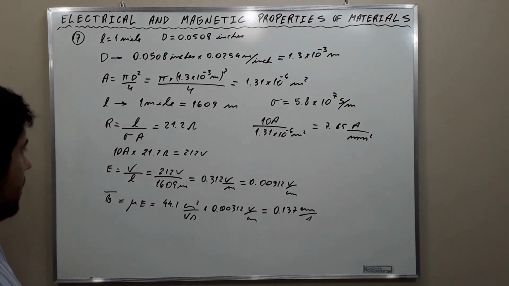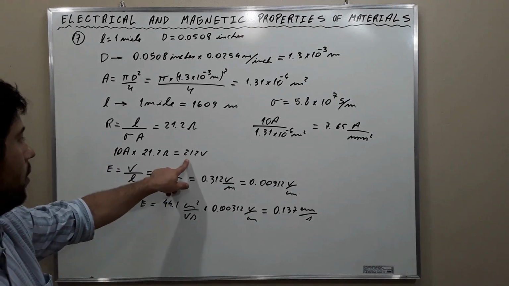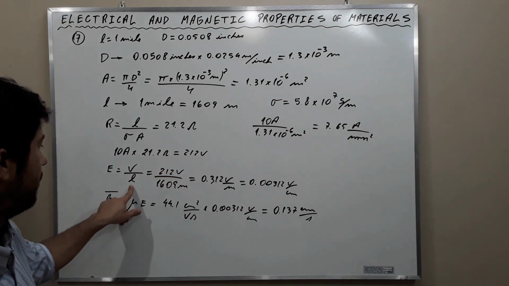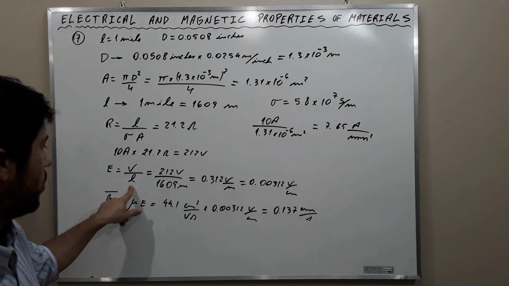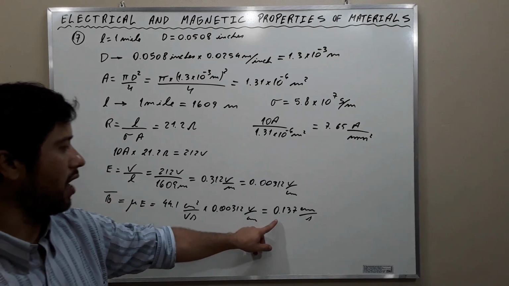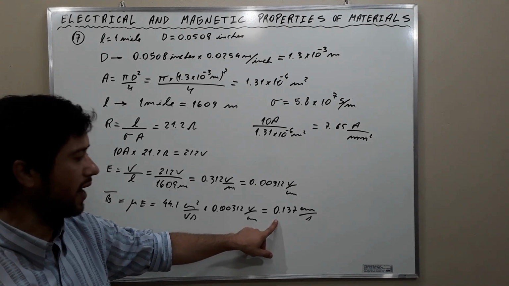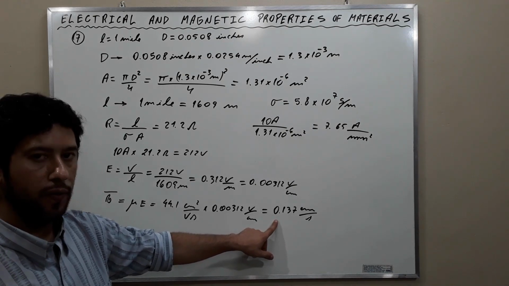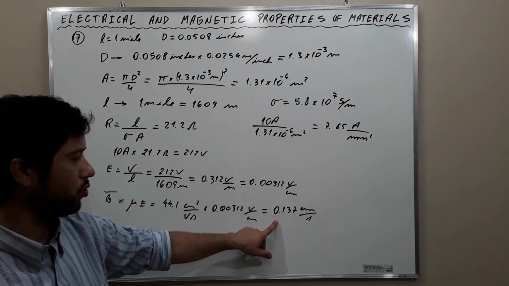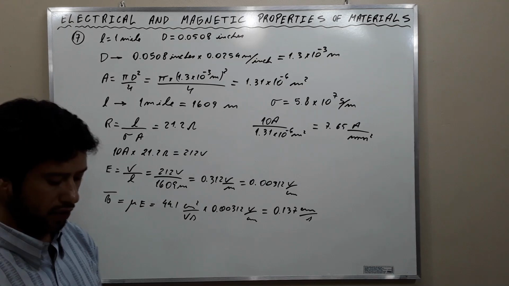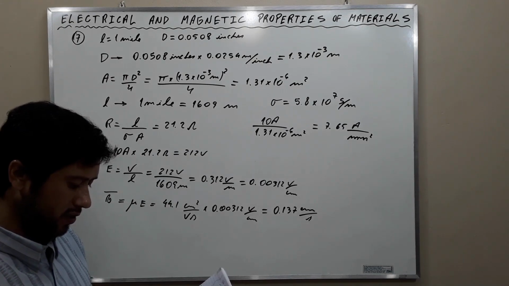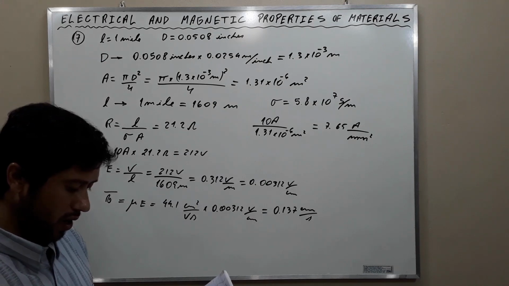If we apply this voltage, 212 volts over a length of 1609 meters, the average drift velocity of electrons in copper in this material is going to be 0.137 centimeters per second. Okay, this is what the exercise wanted us to calculate.